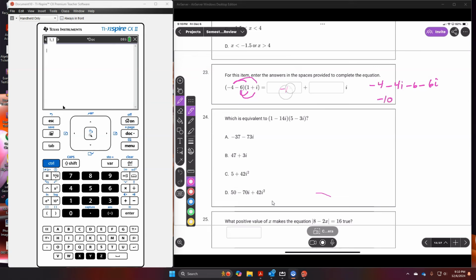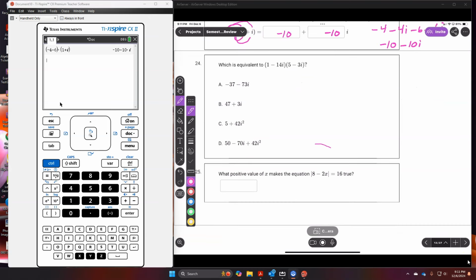And negative 4i minus 6i is negative 10i. Now, if you want to check, I recommend you always check with the calculator. So we have negative 4 minus 6 parentheses 1 plus i. So control pi, enter, and we got negative 10 minus 10i.